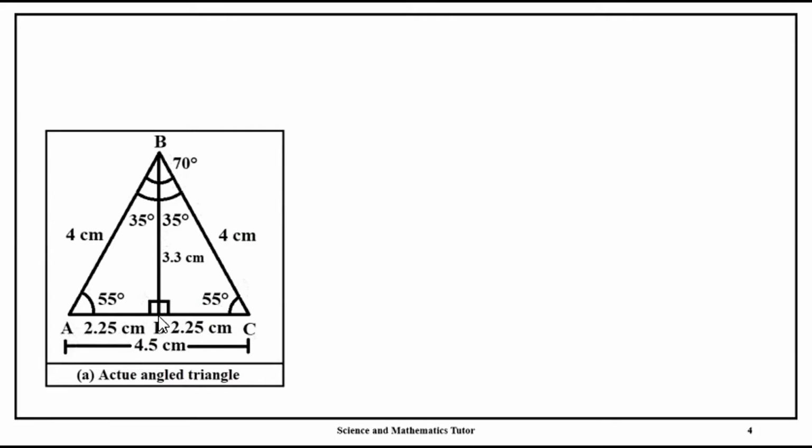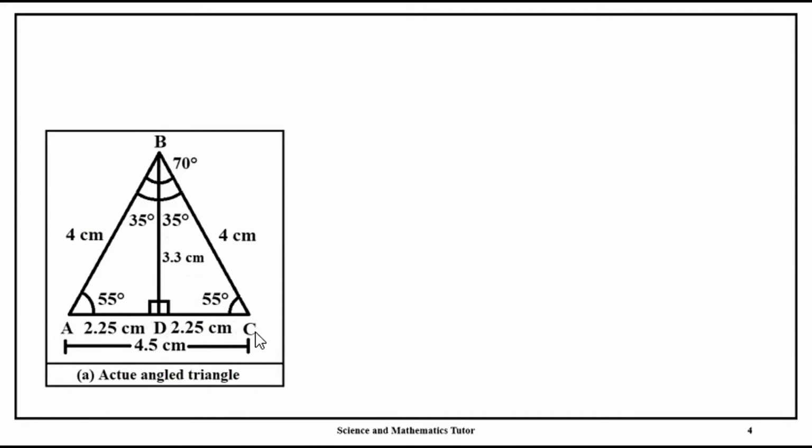Now these are two right angle triangles. First let us consider the triangle ADB. Angle A is 55 degrees, angle D is 90 degrees, and angle B is 35 degrees, and its sides measure side AB 4 centimeters, side AD 2.25 centimeters, and the height of the triangle ABC, that is 3.3 centimeters.